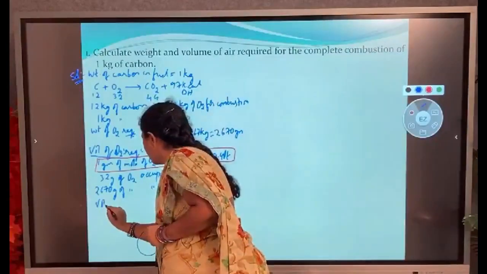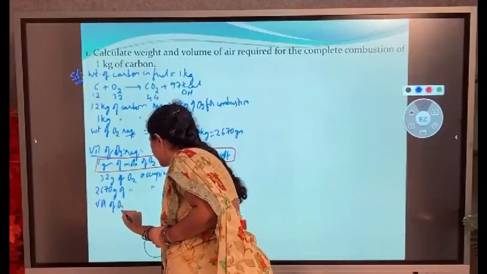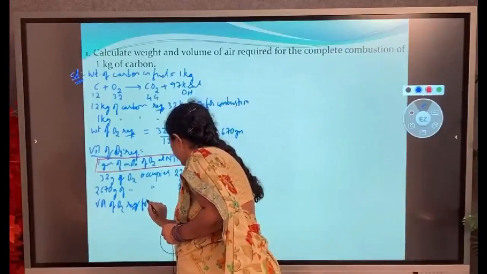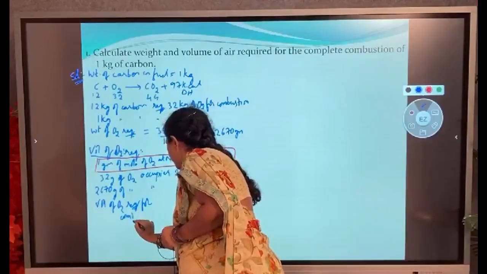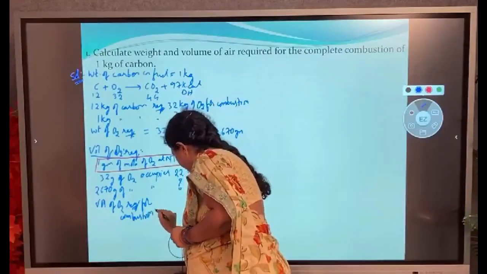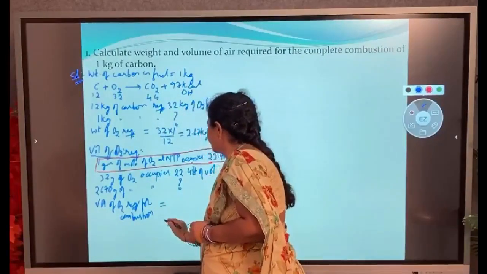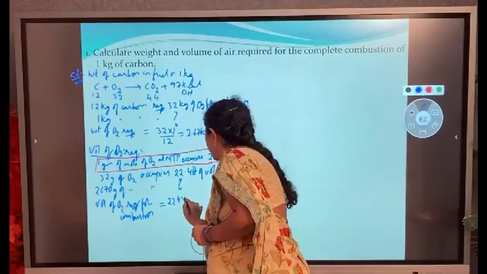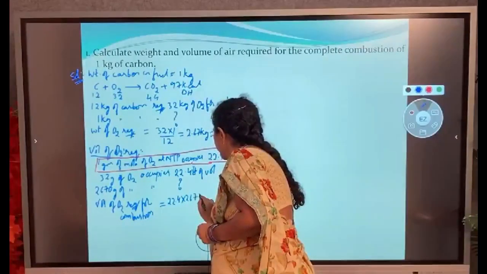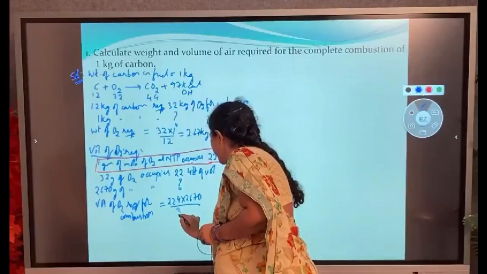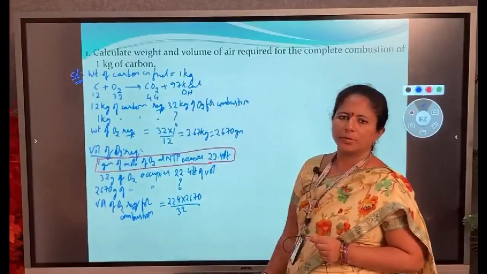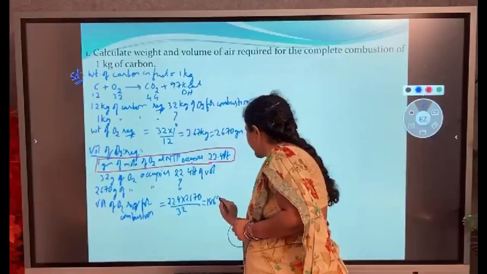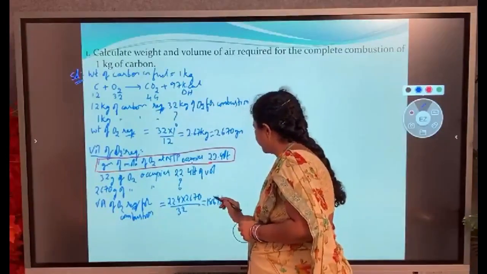So volume of oxygen required for combustion will be equal to 22.4 into 2670 by 32. This will be equal to 1869 liters.